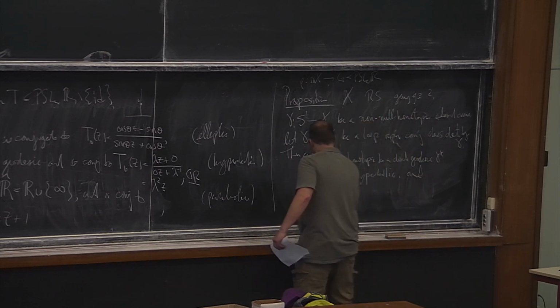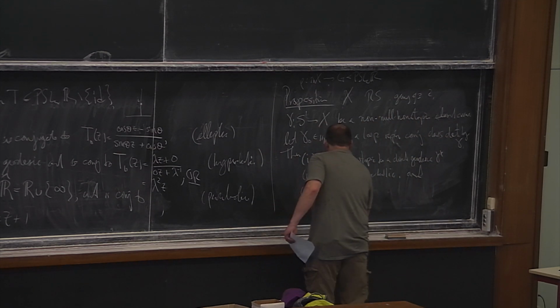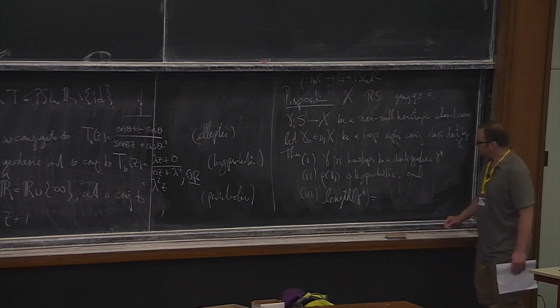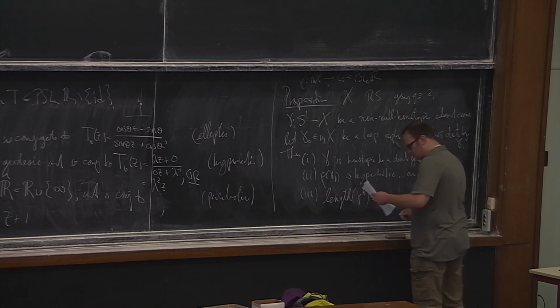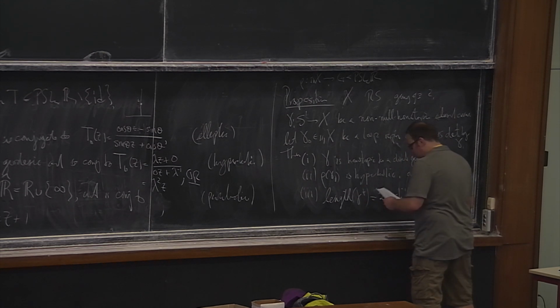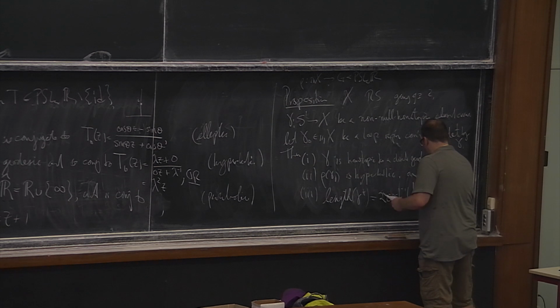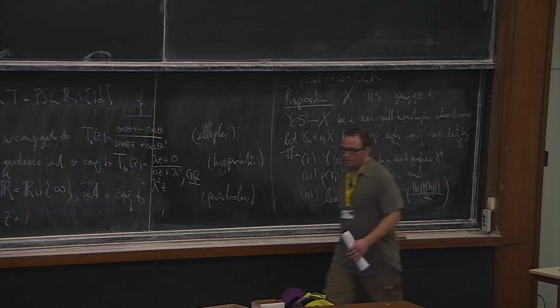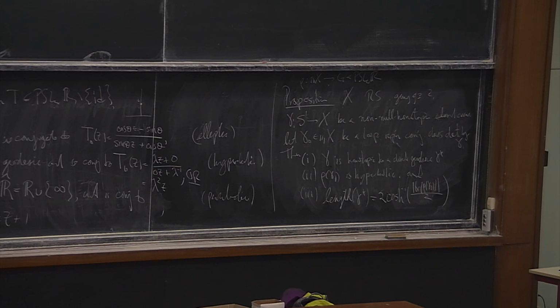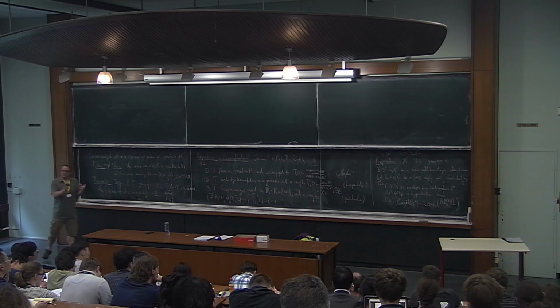And three, the length of this geodesic representative of the homotopy class is equal to 2 arccosh of the absolute value of the trace of rho of gamma naught over 2. OK, so rho of gamma naught is an element of PSL2R, which remember is the image of SL2R under this homomorphism.